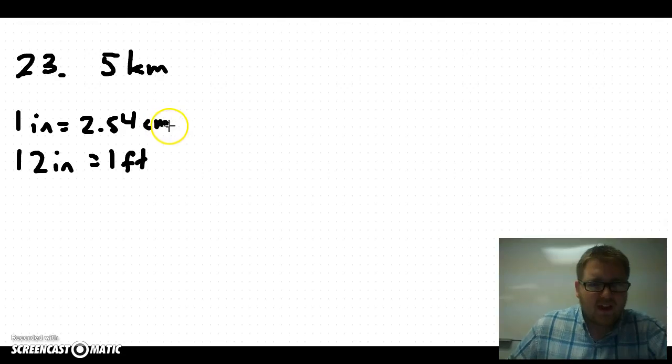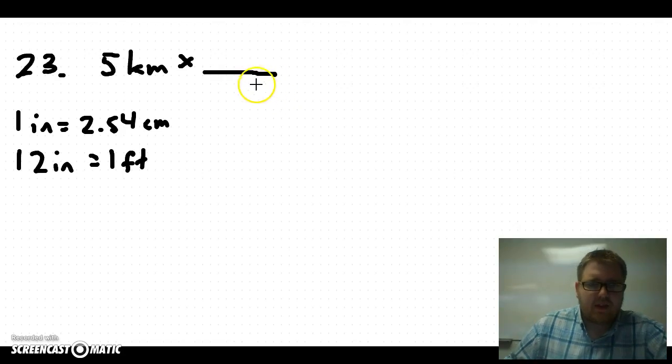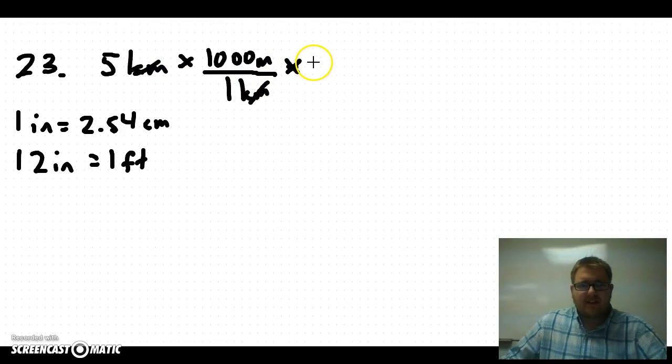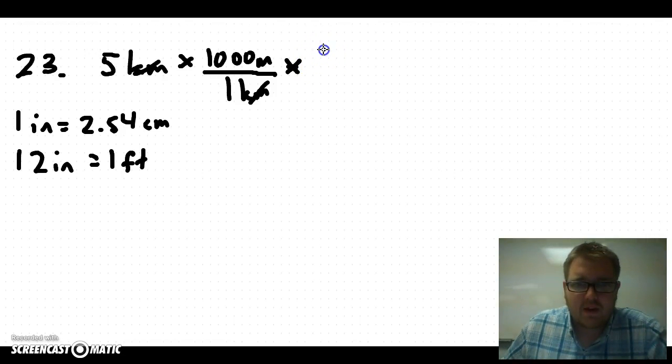You might not know offhand how many centimeters are in a kilometer, but you should know that there are 1,000 meters in a kilometer. And then that's going to tell me what it is in meters, and then I can take that times how many centimeters are in a meter. So there should be 100 centimeters in 1 meter.